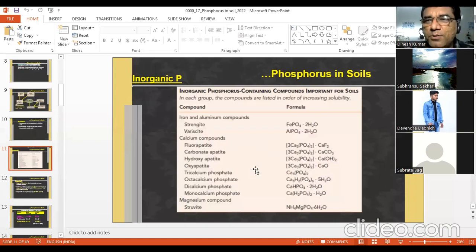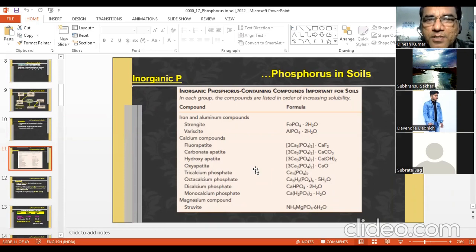Here I wish to tell you that apatite is the most important mineral which is mined. Some phosphate rocks are there. Morocco has the highest reserve of rock phosphate. Phosphate rock and rock phosphate are used interchangeably.